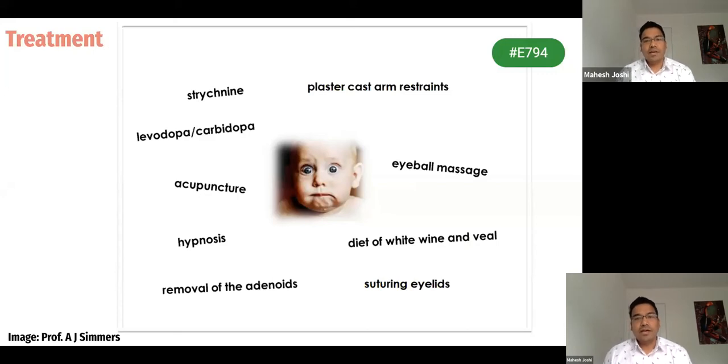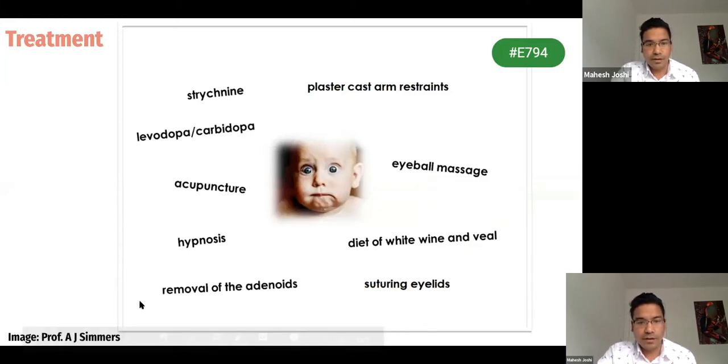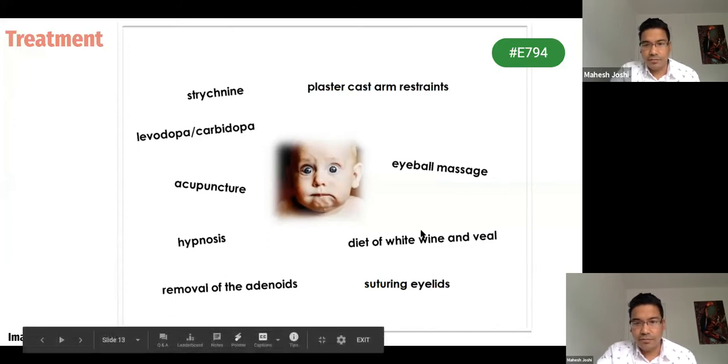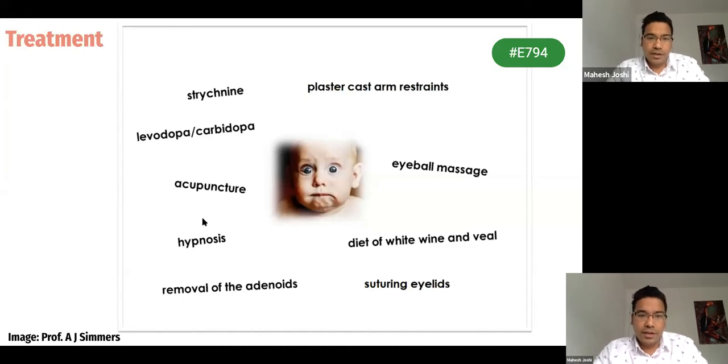From that time, different kinds of treatment have been used in the hope of treating amblyopia, and some of them we might think are almost pseudoscience: suturing the eyelid, a diet of wine, eyeball massage, acupuncture. All of these have been practiced over time from 850 AD.